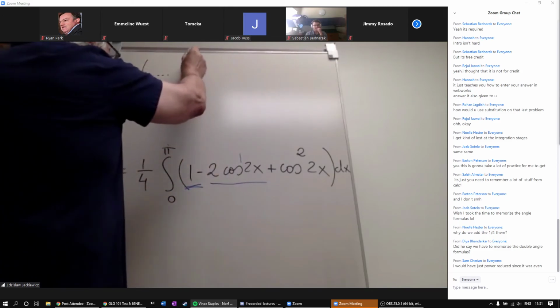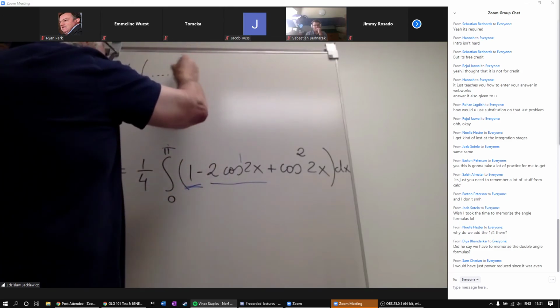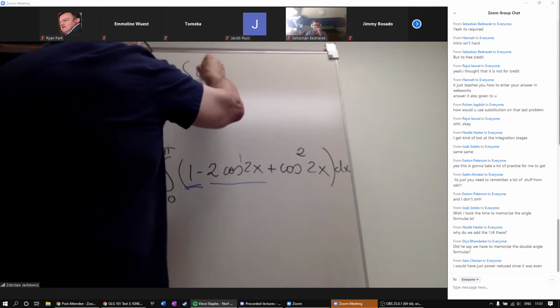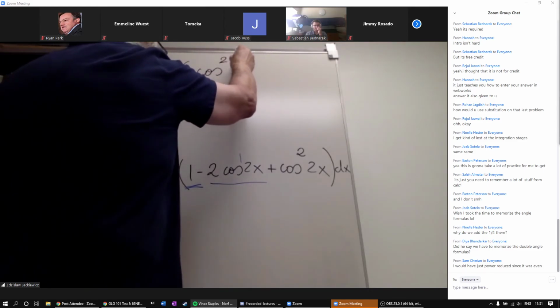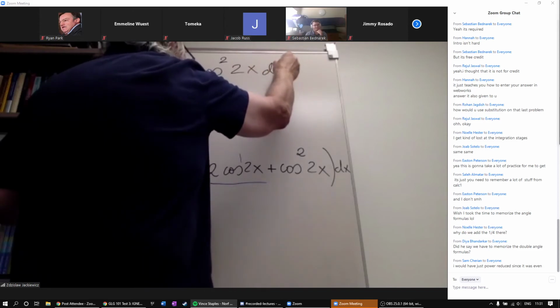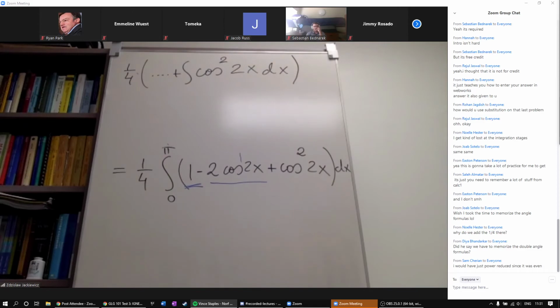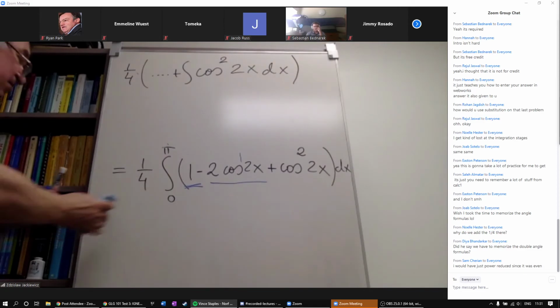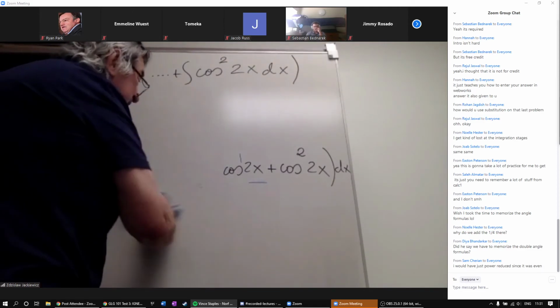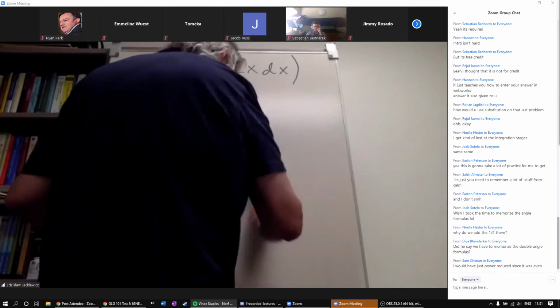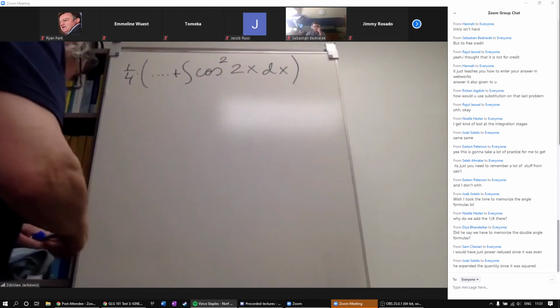So there'll be the integral of cosine squared 2x. Still we have to integrate cosine squared. So what do you do? You use power reduction one more time.